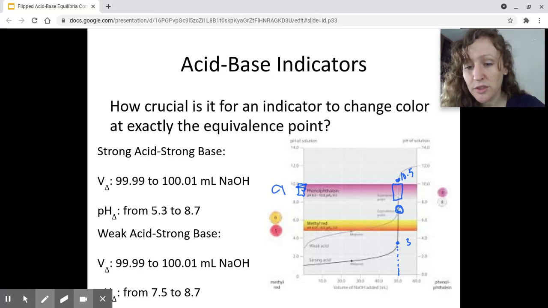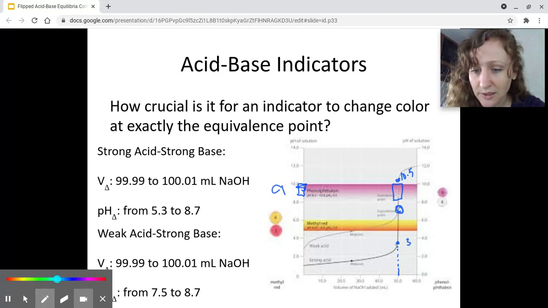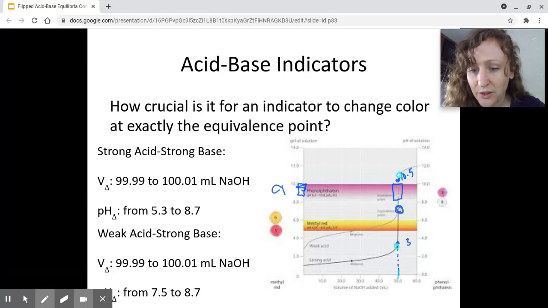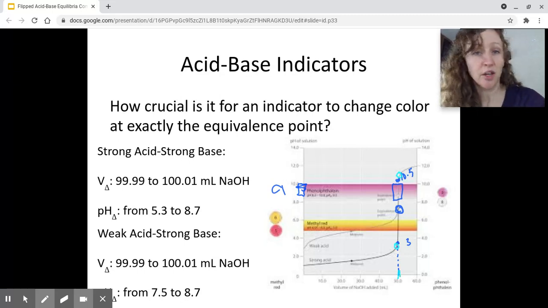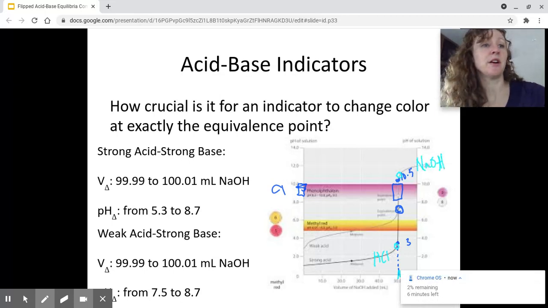I mean, if you go barely to the side of one, barely to the side of the other, that volume change is going to be a drop. So we get this huge, enormous pH change because we're going from all HCl down here to all NaOH up here. There's no buffer there.